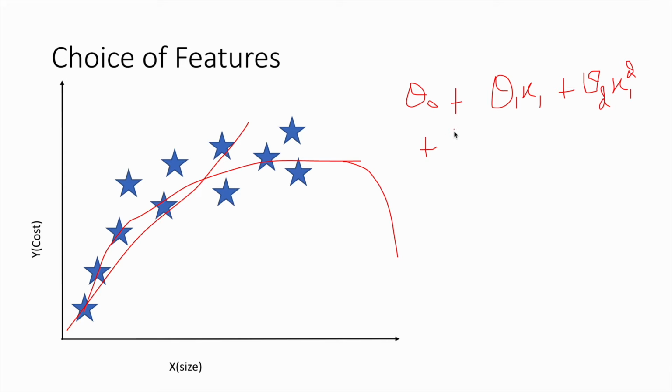We can add another feature, which will be x1 cube. Now it will just increase, not decrease. Or if not increase, it will maybe remain constant. That's okay, because the cost can remain the same. That's our way of solving this problem.